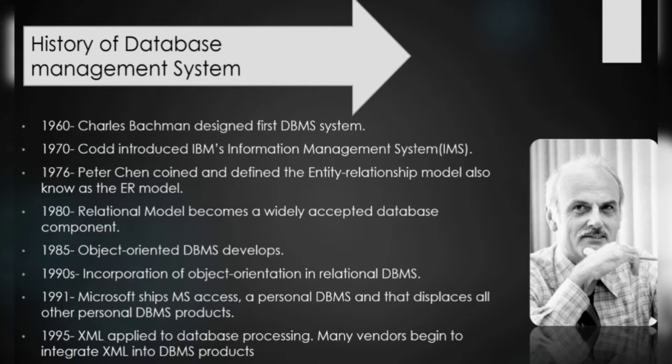Next, in 1976, Peter Chen coined and defined the entity relationship model, also known as the ER model. Next, in 1980, the relational model became a widely accepted database component. And in 1985, object-oriented DBMS was developed.